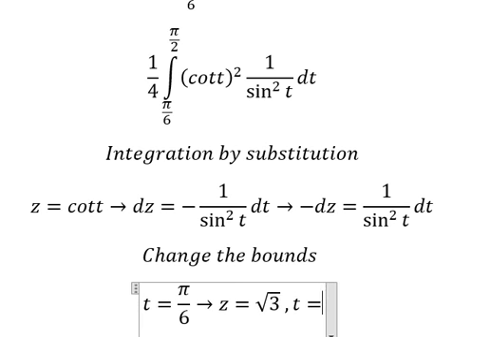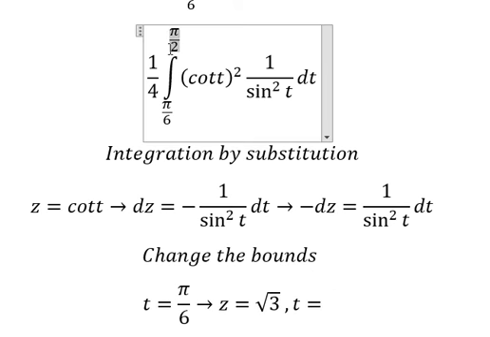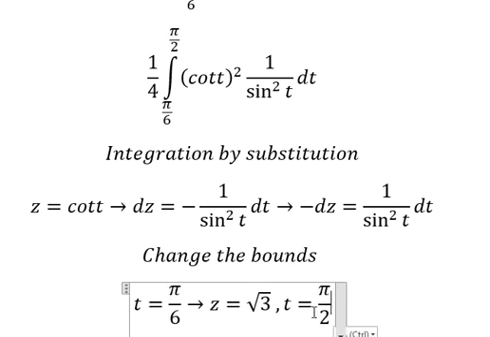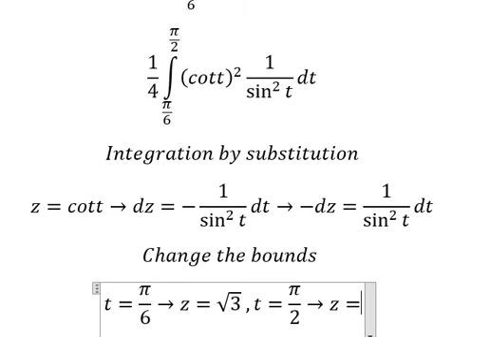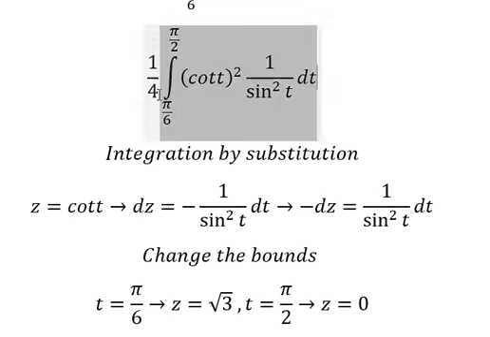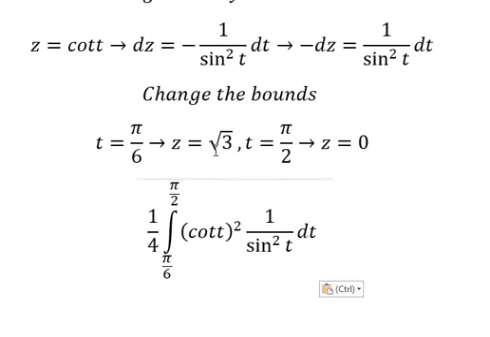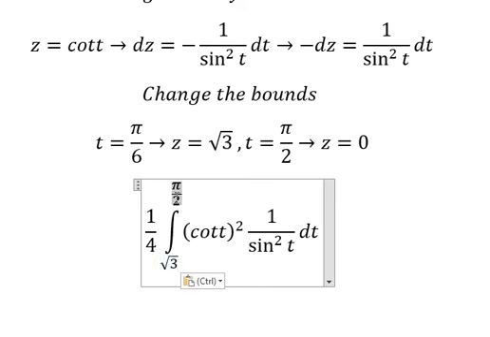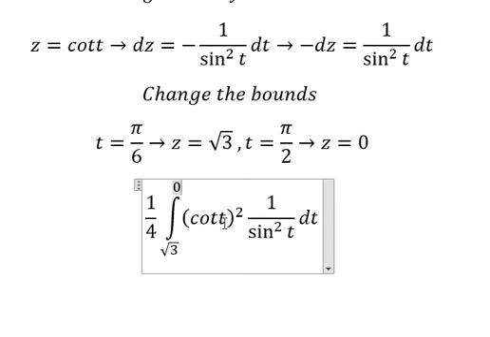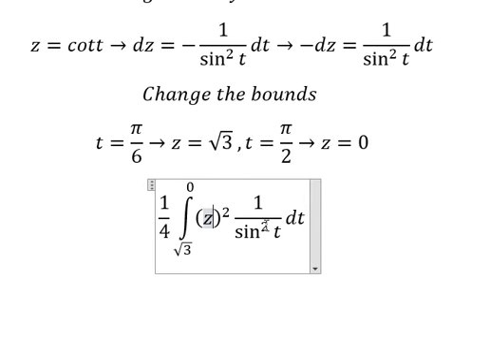When t equals pi over 2, so z equals 0. This one we change for the square root of 3. This one we got 0. This one we change for z. This one we change for negative dz.